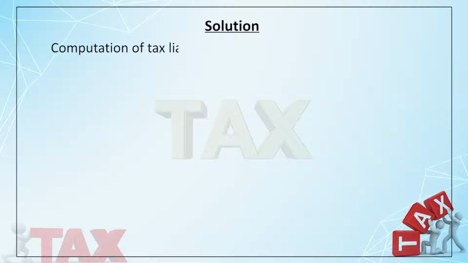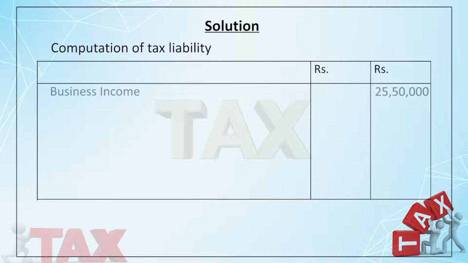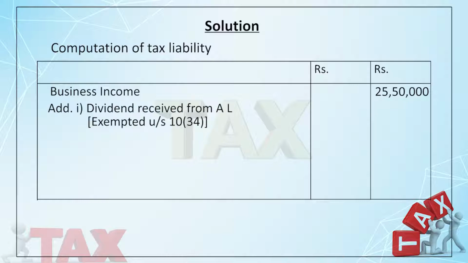We will apply this provision in this particular problem, in this particular case. Now, we may proceed to solve this problem. Now, computation of tax liability. So, business income is given. Now, what would happen in case of dividend? Dividend received from A Limited and B Limited is nil, because these are exempted under section 10(34). In India, the dividend in the hands of the recipient is exempted under section 10(34).